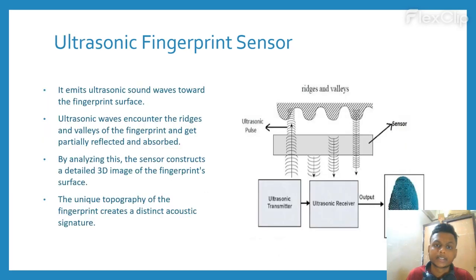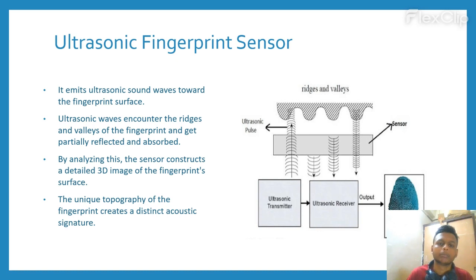The last sensor that we are going to discuss is the ultrasonic fingerprint sensor. As the name suggests, this sensor emits ultrasonic sound towards the surface where the fingerprint is placed. When the ultrasonic waves encounter the ridges and valleys of the fingerprint, they are partially reflected and absorbed based on the surface texture and density.